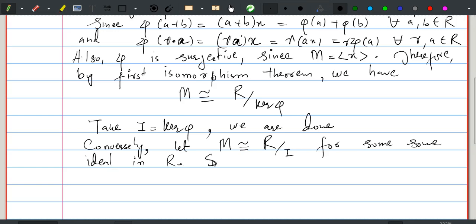Now since this R mod I, R being a commutative ring with unity, R mod I is generated by one bar.